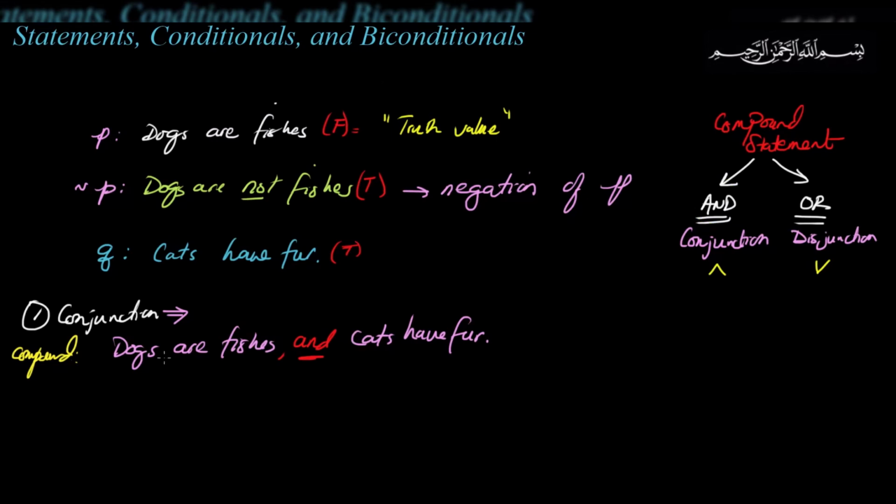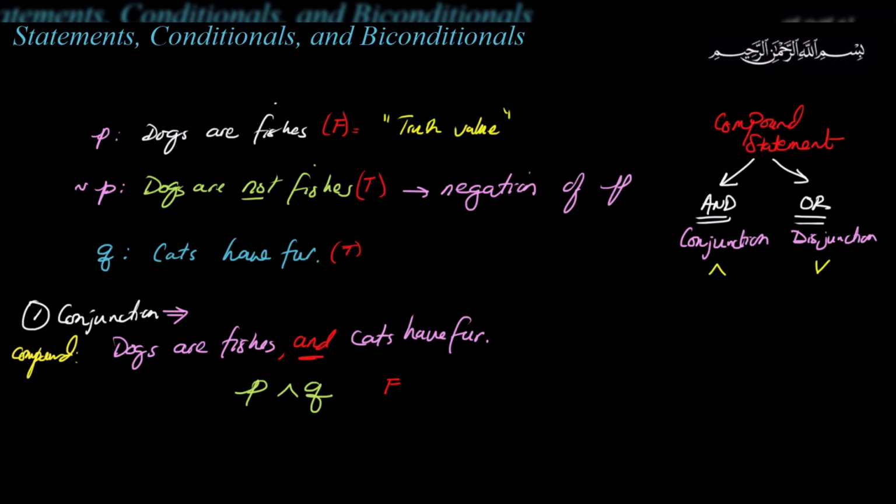So the conjunction statement P and Q, the whole statement would be false because P is false, and regardless of what Q is, it happens to be true. Since both have to be satisfied, this conjunction statement will be false.